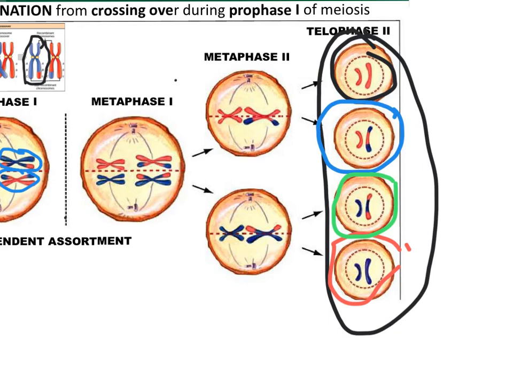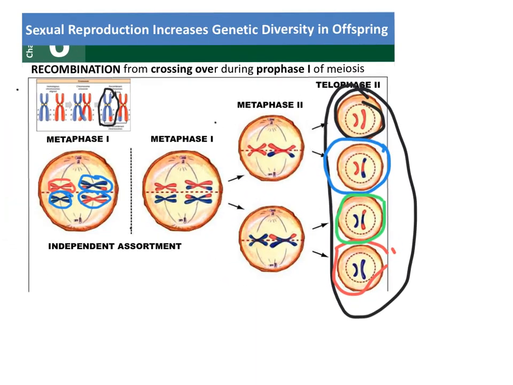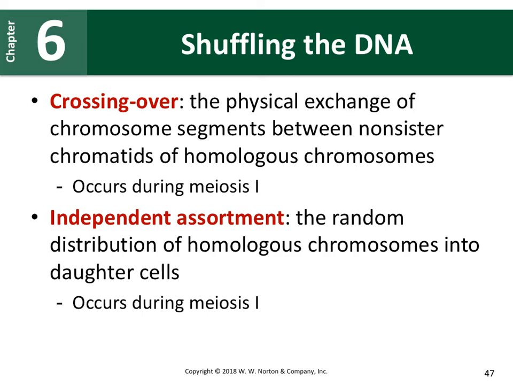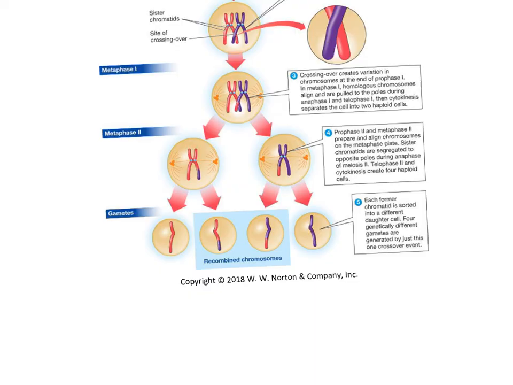Very diverse. So you have 4 different kinds of gametes that can happen from that. Okay. So crossing over, the physical exchange of chromosome segments between non-sister chromatids of a homologous chromosome, occurs during meiosis 1, and it's an independent assortment.